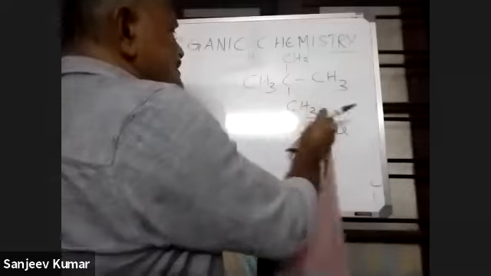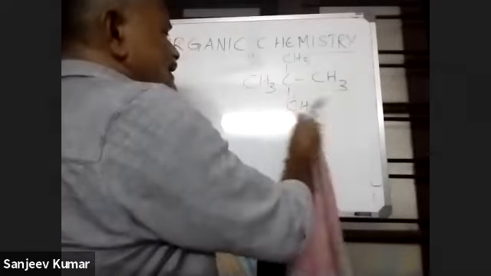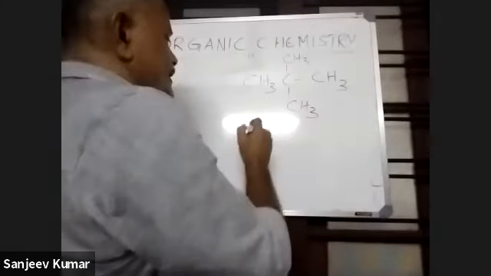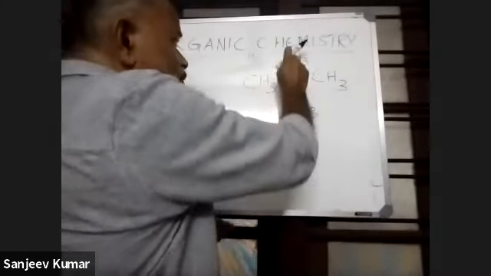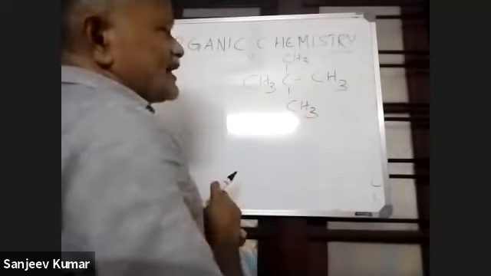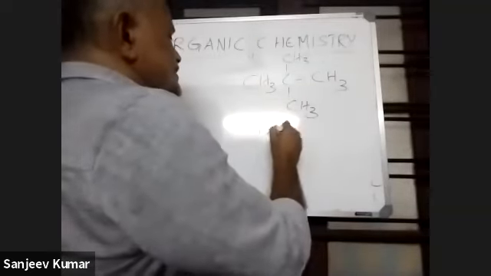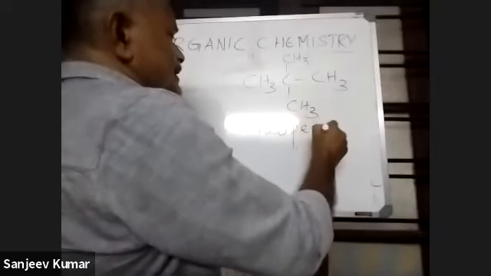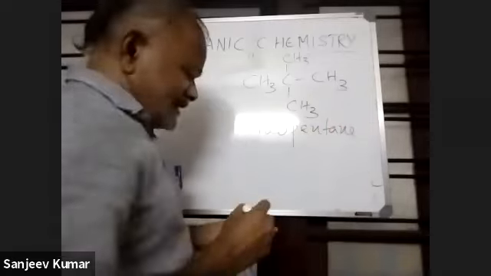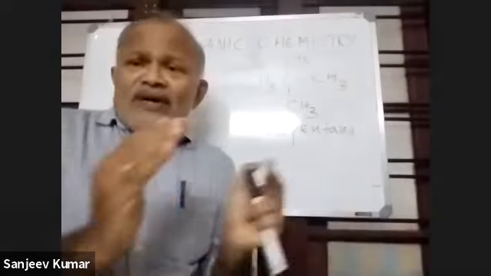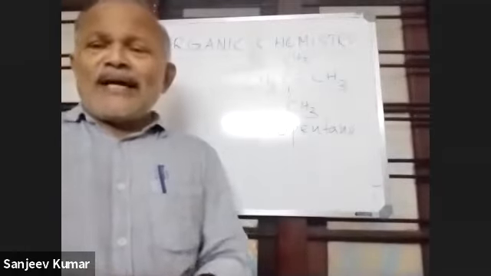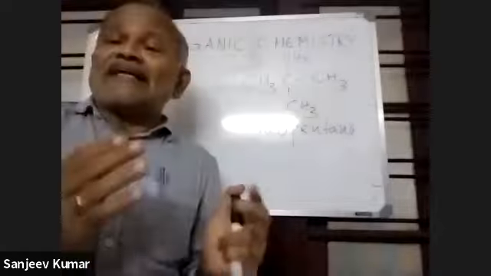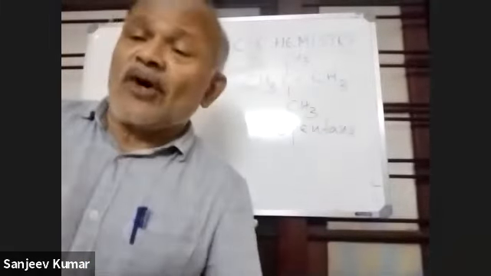Actually, its IUPAC nomenclature is 2,2-dimethyl propane, and total there are 5 carbon atoms. Therefore, it is neopentane. That is, if there is a methyl group on the carbon atom, it is iso. If there are 2 methyl groups, it is known as neo. And that is in the case of common naming.